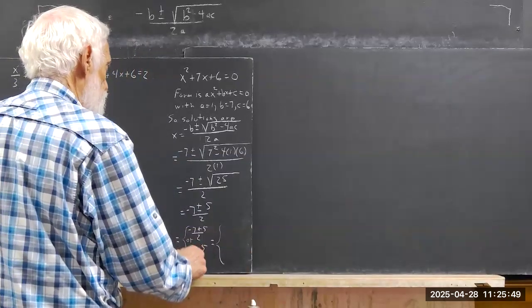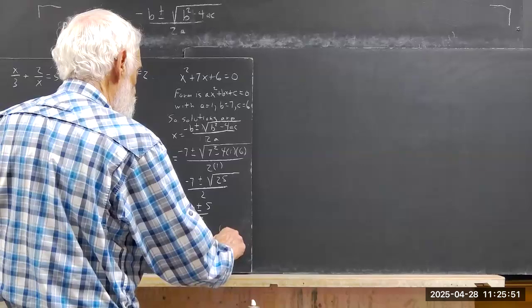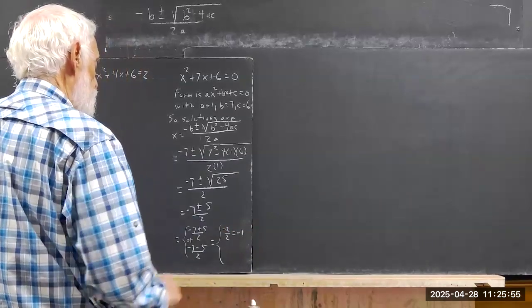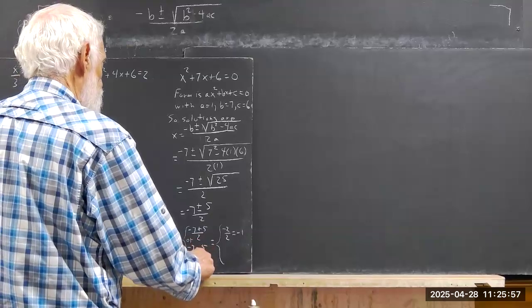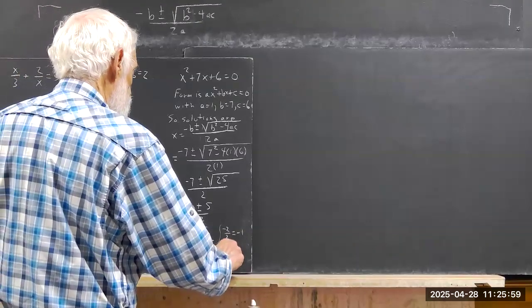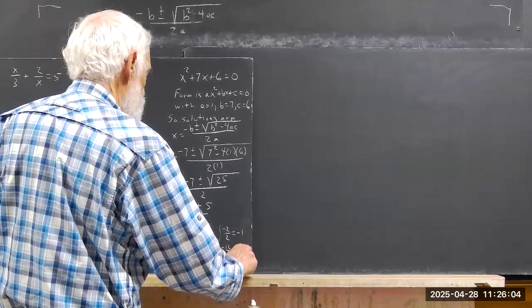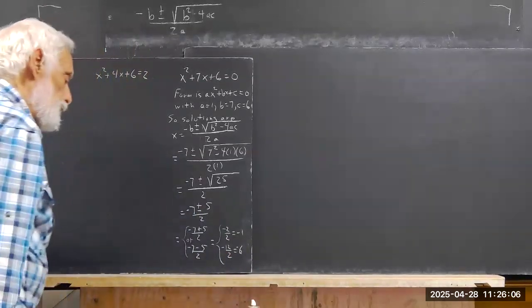Well, negative 7 plus 5 is negative 2 over 2, which equals negative 1. And negative 7 minus 5 over 2 is negative 12 over 2, negative 6.